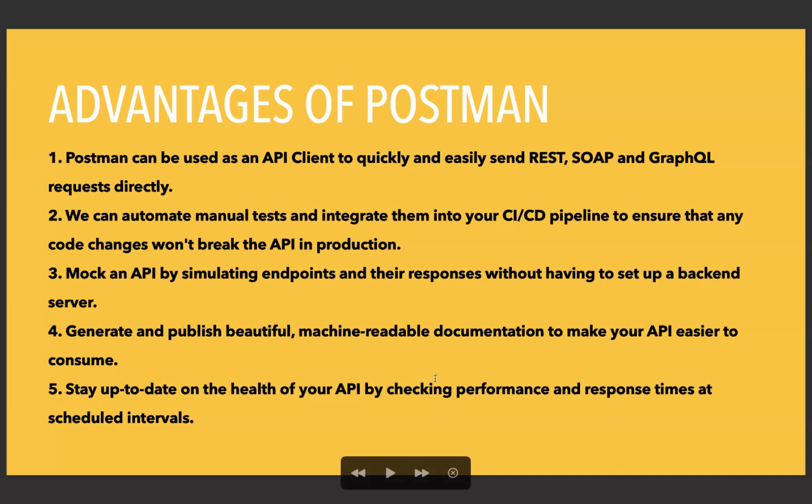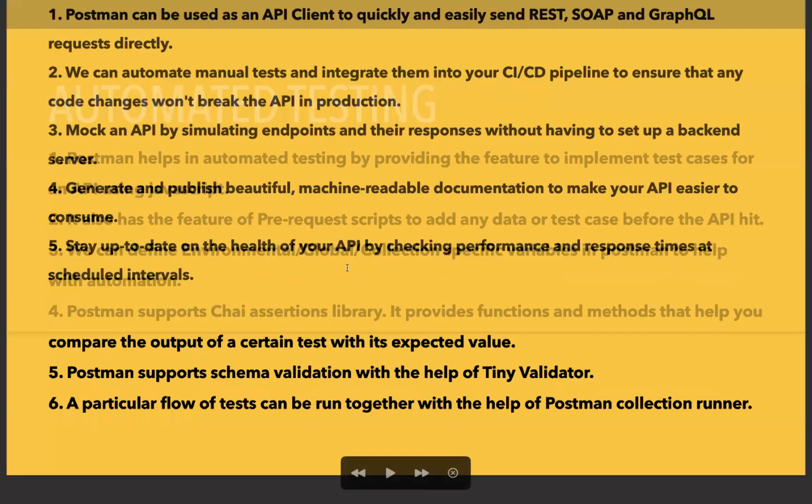And we can also have a health check enabled in Postman itself, and use it to check the performance and whether our API is working or not, by using that health check and monitoring system. So we'll be discussing in a bit more detail about all of these features going ahead.